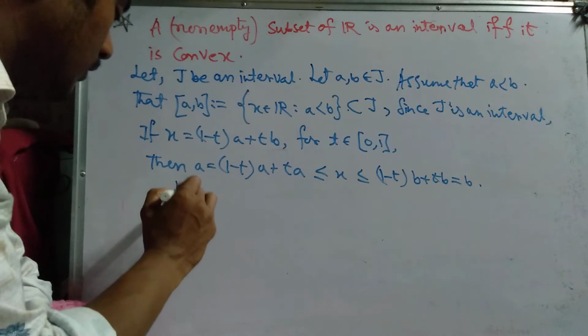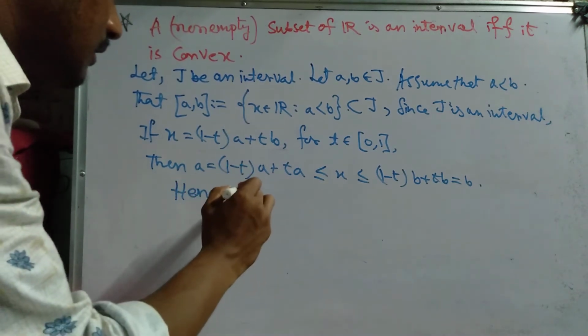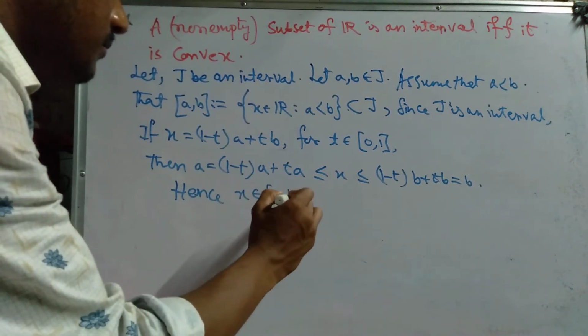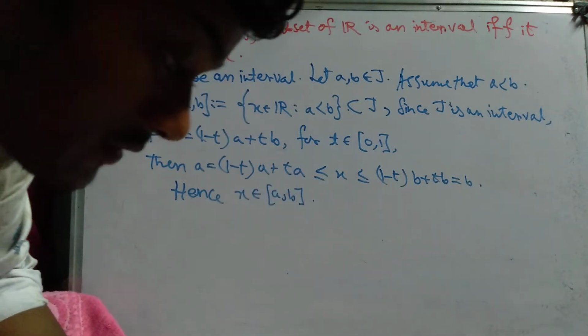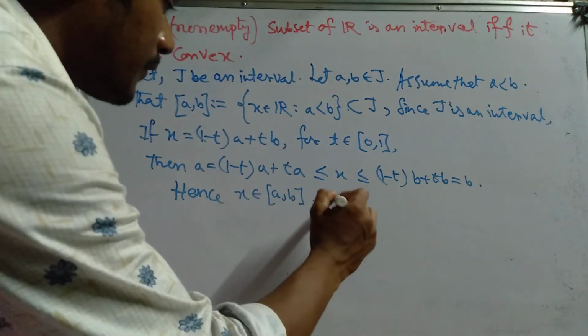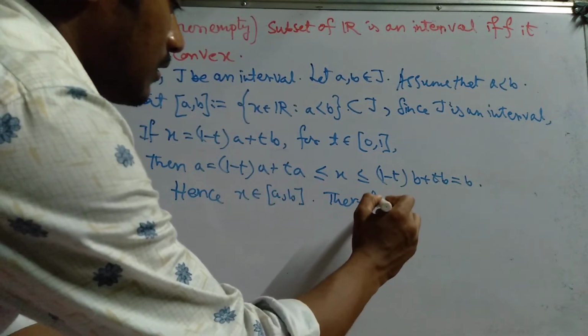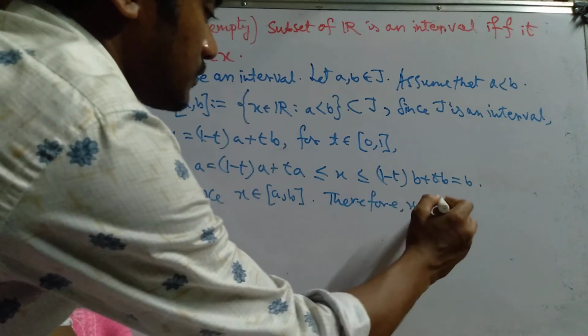Hence x belongs to [a, b]. Therefore x belongs to J.